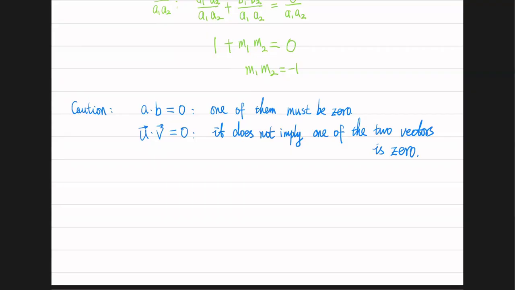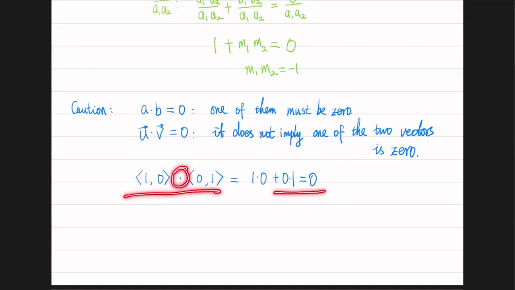The example we had before: 1, 0 and 0, 1. You can check. I get 1 times 0, plus 0 times 1, is 0. The dot product is 0. However, none of the vectors are 0.